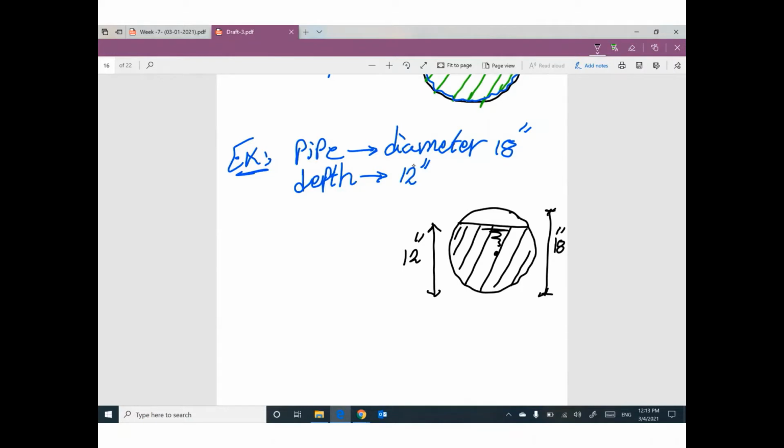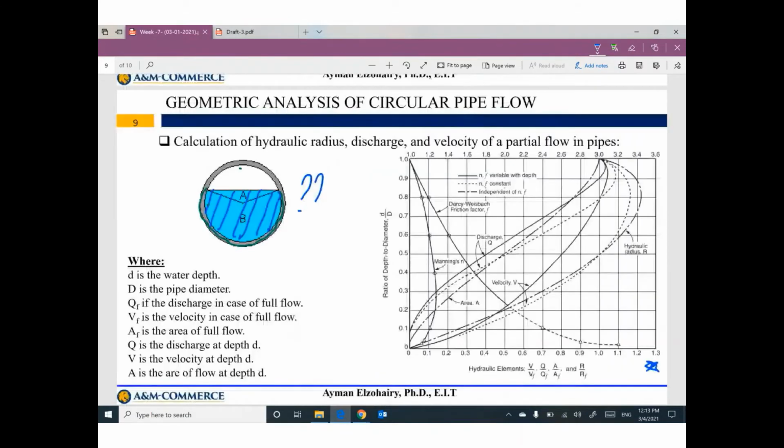Anybody can tell me what the area full is? If you assume this circle is full, just assume if this circle is full, what will the area be? It's pi divided by 4 times diameter squared.